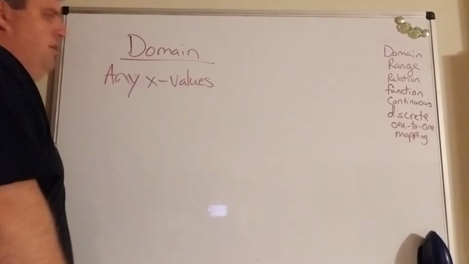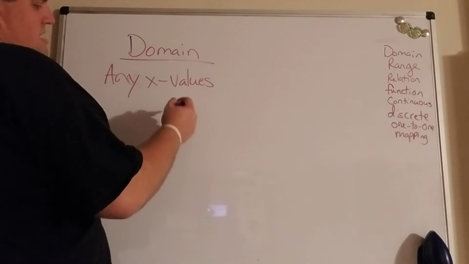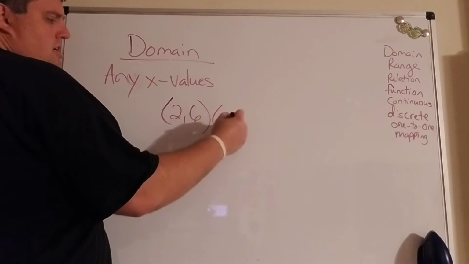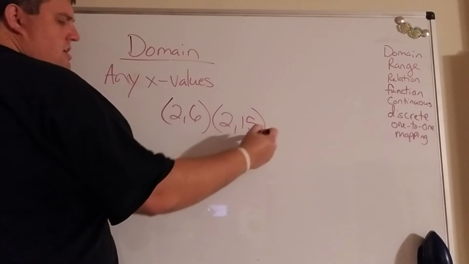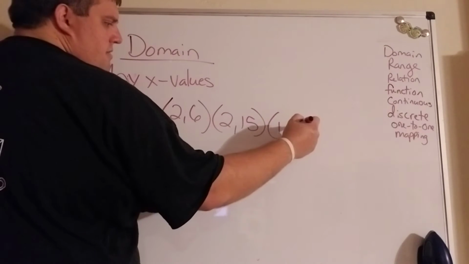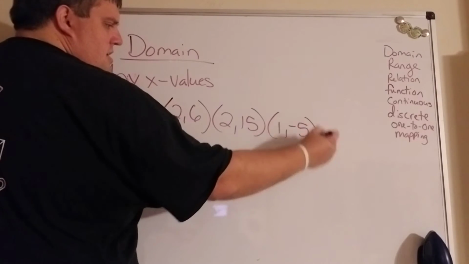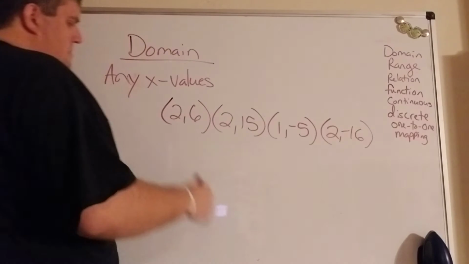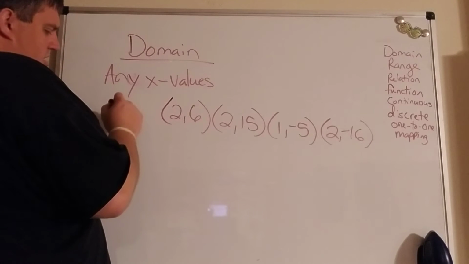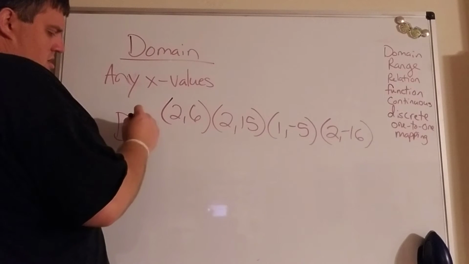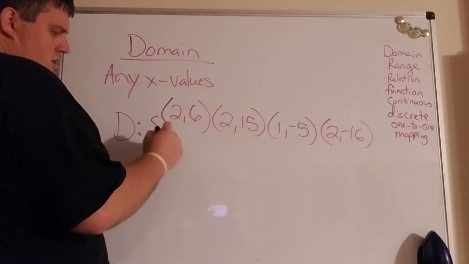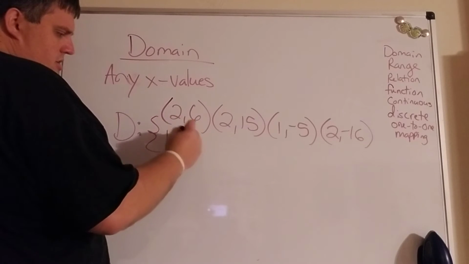So for example, if I had the points (2, 6), (2, 15), (1, -5), and (2, -16), my domain over here is just going to be 1 and 2.